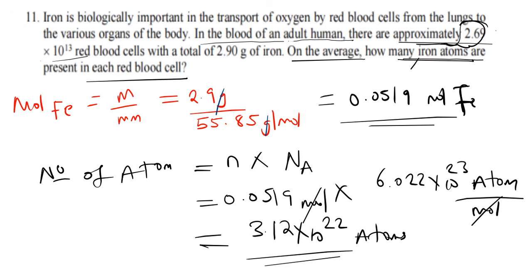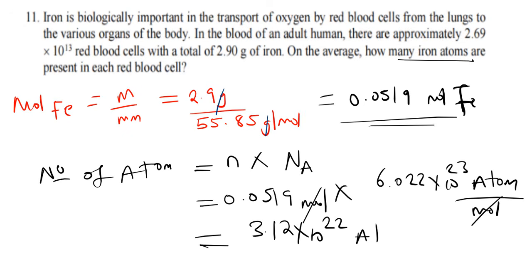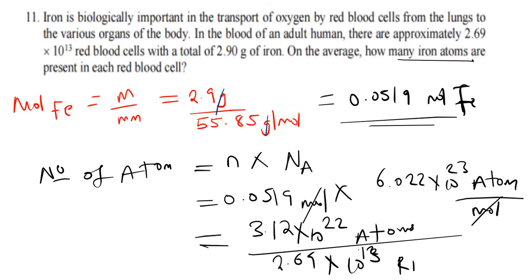Because we're trying to find in each, we're going to divide the two. I'm going to divide the same answer we just found by the number of red blood cells, which is 2.69 times 10 to the power 13. So we're trying to find the number of atoms present in each, so it will be atoms per red blood cell.